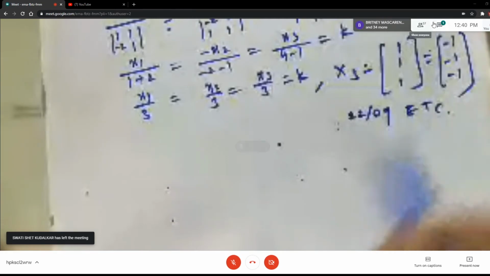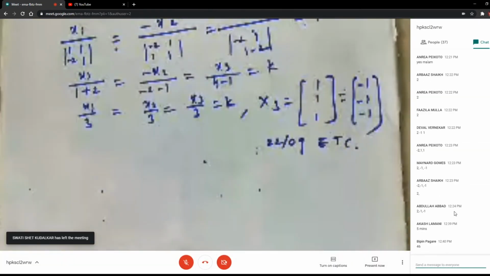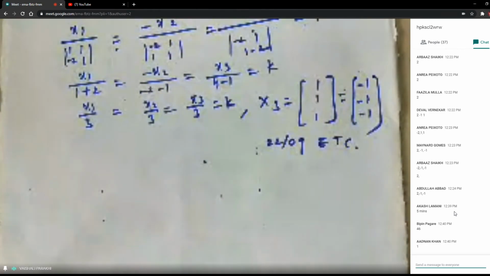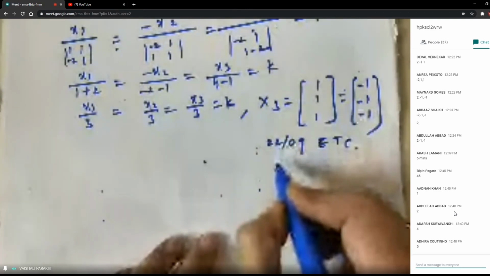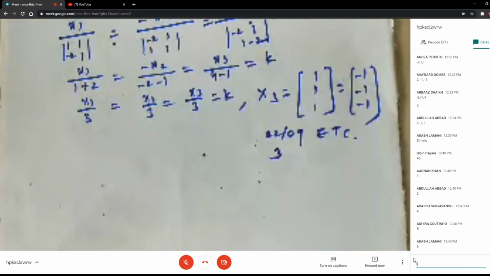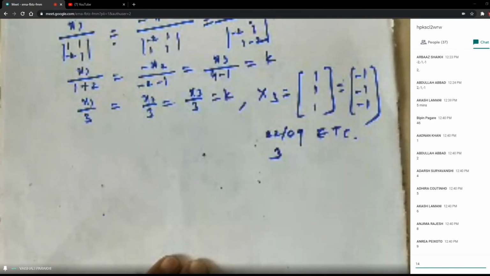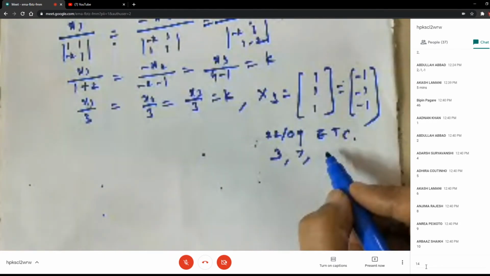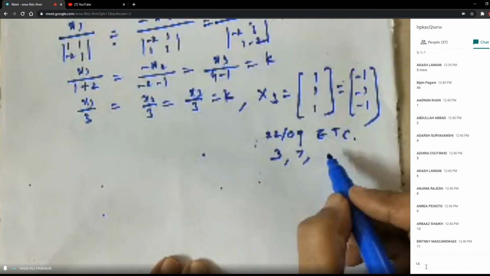So will you give the attendance? Today's 22nd, right? Okay, give the attendance. Bipin is there, no? Bipin is there. So 1, 2, 3. 3 is absent. 4, 5, 6, 7. 7 is absent. 8, 9, 10, 11. 11 absent.